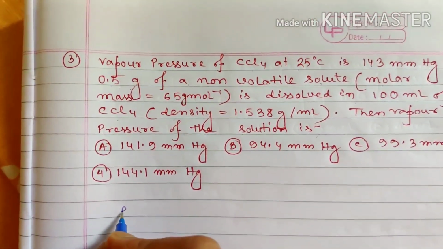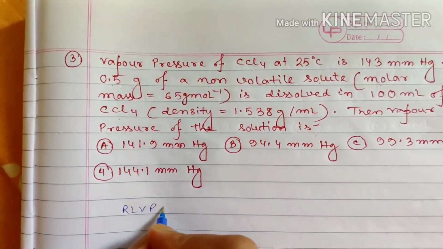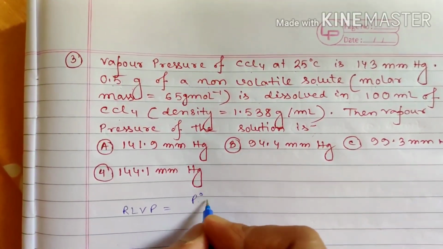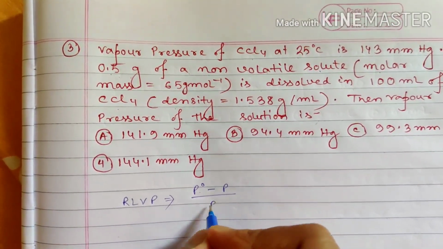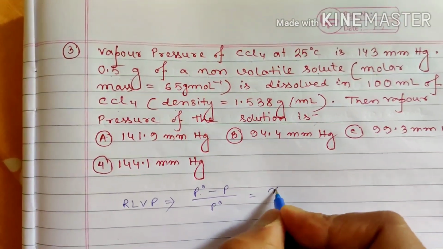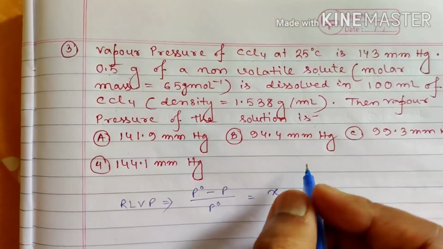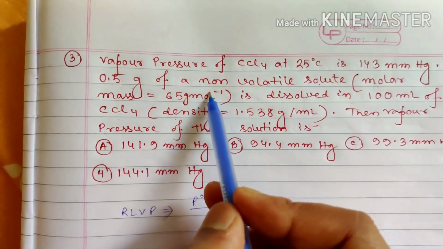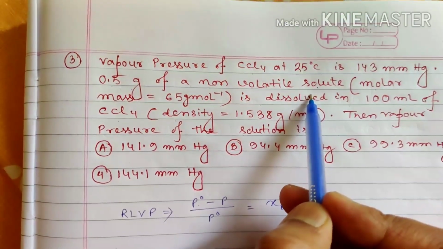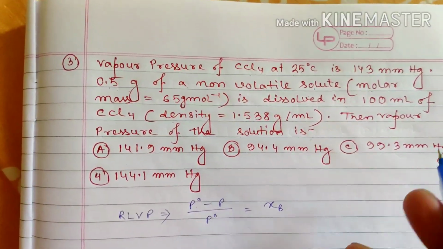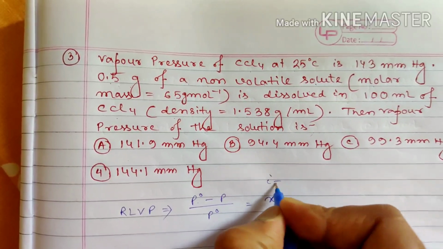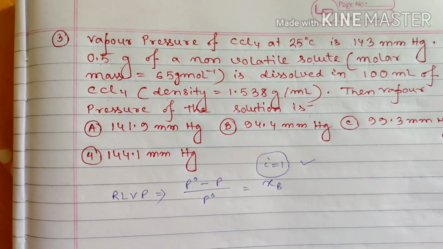So the formula of relative lowering of vapor pressure, as we all know, is P0 minus P divided by P0 is equal to xp. Here it is a non-volatile solute which is dissolved. Nothing is mentioned, so we can think that the value of i is equal to 1.